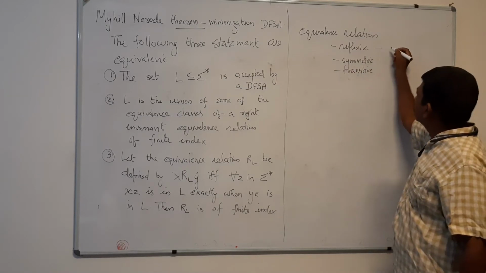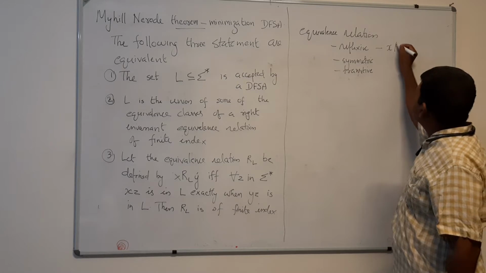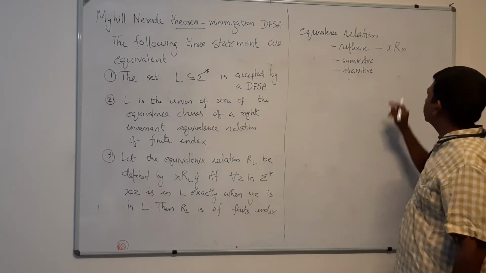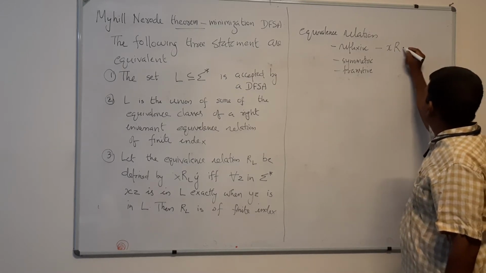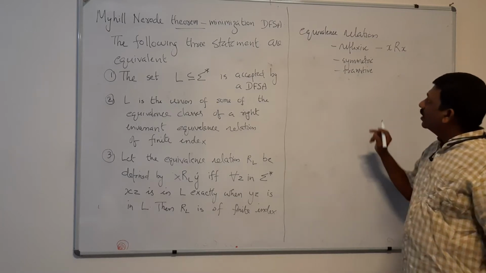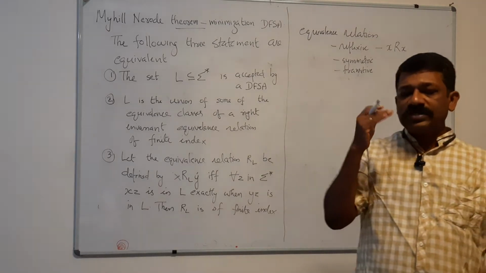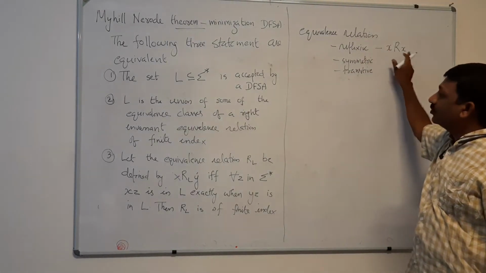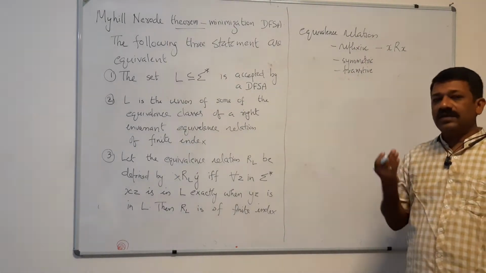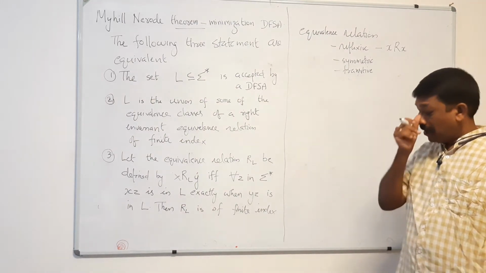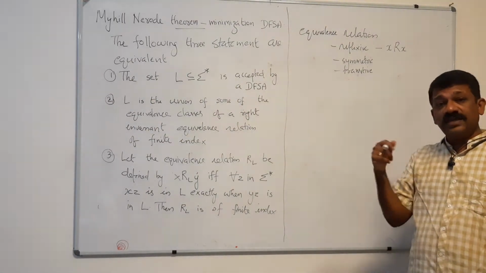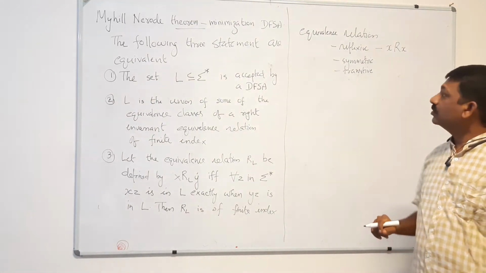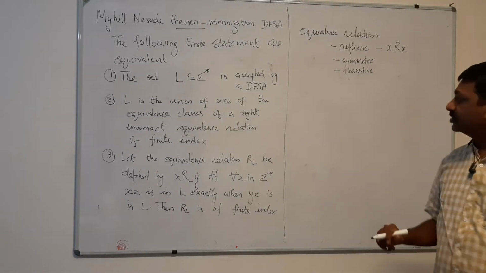Reflexive means if you have a relation, x is related to itself, x is related to x. For example, the equal to relation is x equal to x, and less than or equal to is x less than or equal to x. Those are reflexive relations.